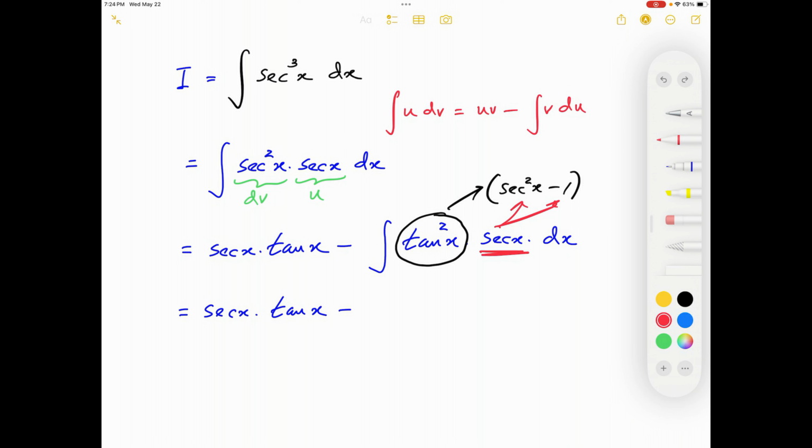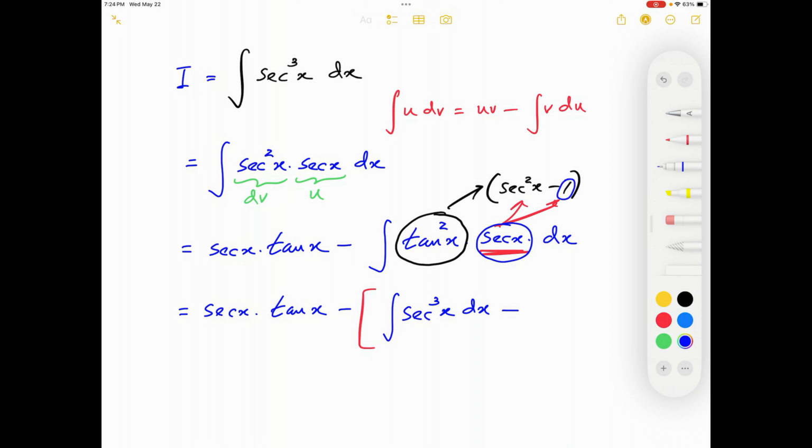So let me open bracket, and then I will write down the first integral. The first integral is secant x times secant squared x, which is integral secant cubed x dx. And then I have this negative symbol, minus, for the next integral, I need to multiply secant x by 1.